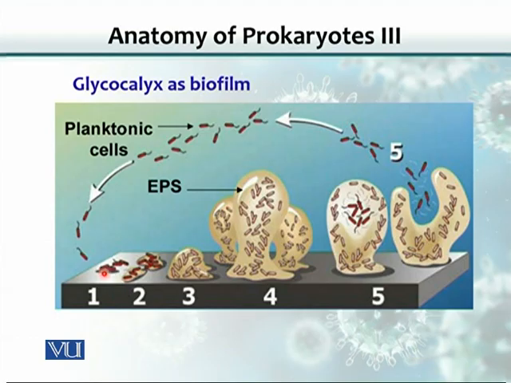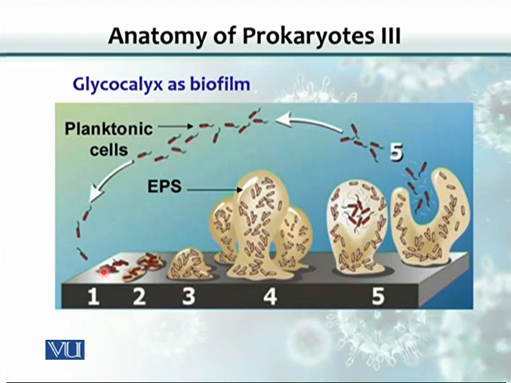So the cells attach to the surface, then they secrete these EPS, and this EPS helps the bacteria colonize the surface, and the bacteria multiply in that area, making big colonies, and then they can detach from these colonies and go from this place to another place.